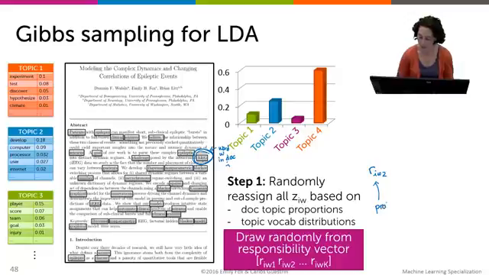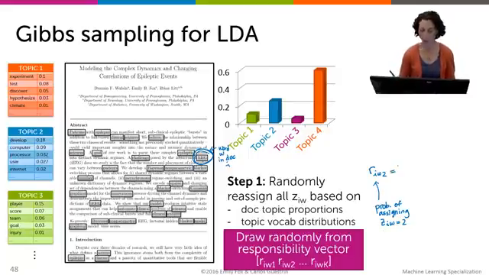This is going to indicate the probability of assigning z_iw equals 2, meaning word w in document i, to the second topic.